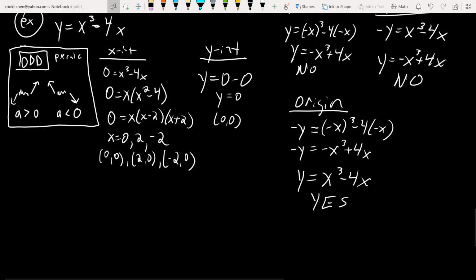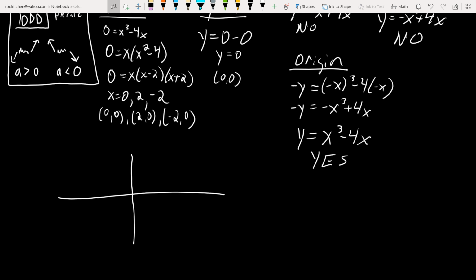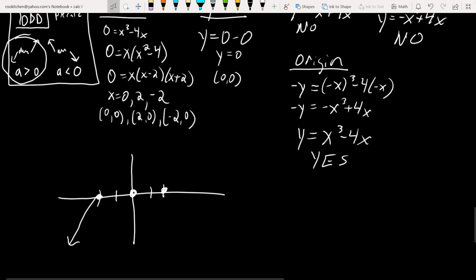So a lot of information there. Now we can go to the graph and get a drawing going. So (0, 0), (2, 0), (-2, 0). And origin symmetry. So we know it's going to come in from the bottom, and that's from pre-calculus, from the left. That's telling me I need to come in from the bottom, go through that intercept and come up, and then come back down and go through this intercept.